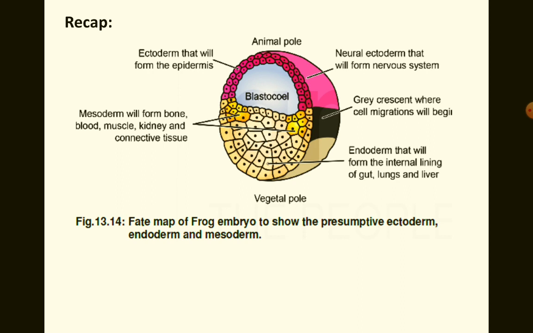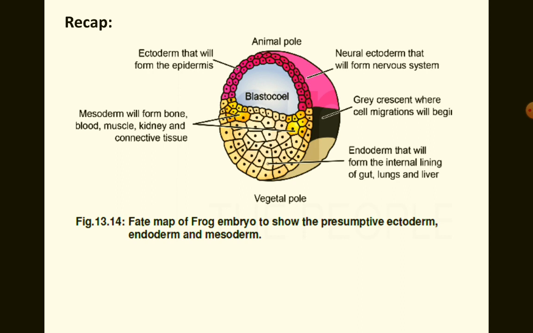Towards the vegetal pole you have larger macromeres, which are going to form the future endoderm, whereas the cells that move from the gray crescent form the mesoderm, and they occupy a place in between the ectoderm and the endoderm layers.